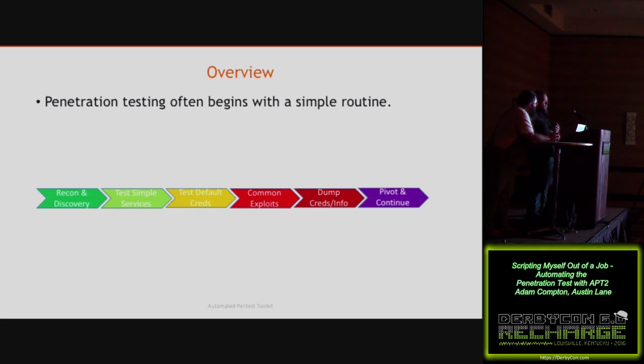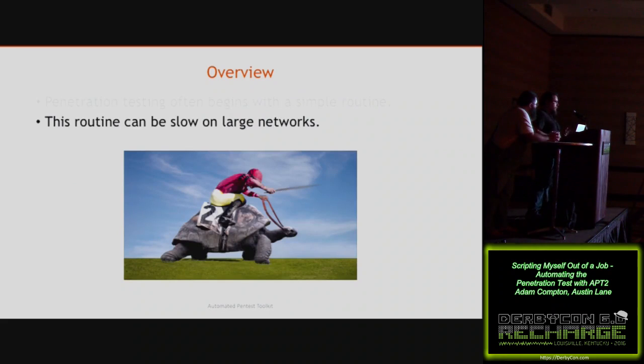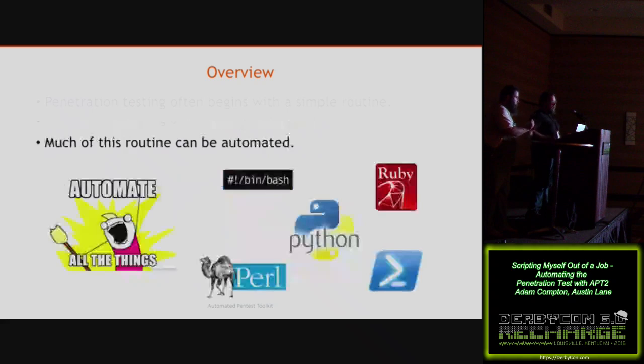What we found is this routine can be slow on large networks. The bigger the network, the more instances of each service you have, and you have to go through and check anonymous, admin, and so on for every single one of them. But most of this can be automated.